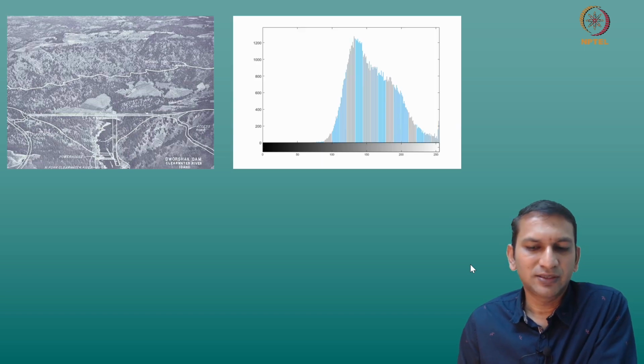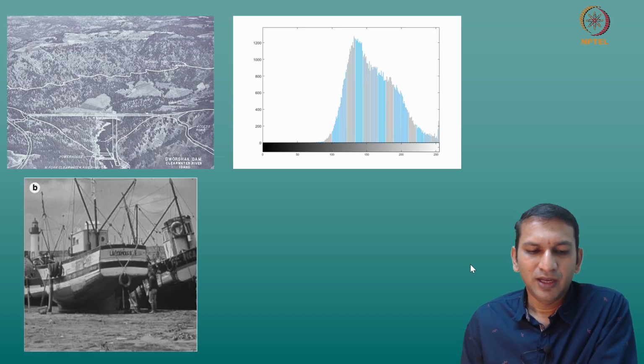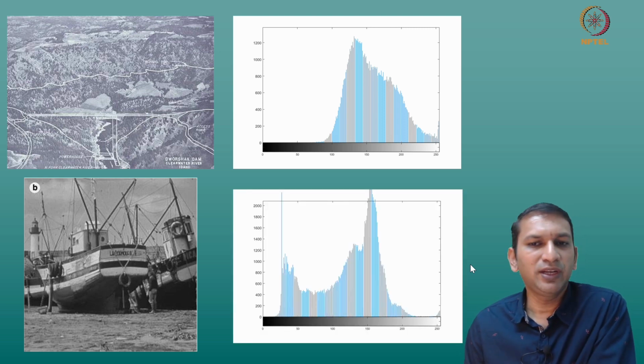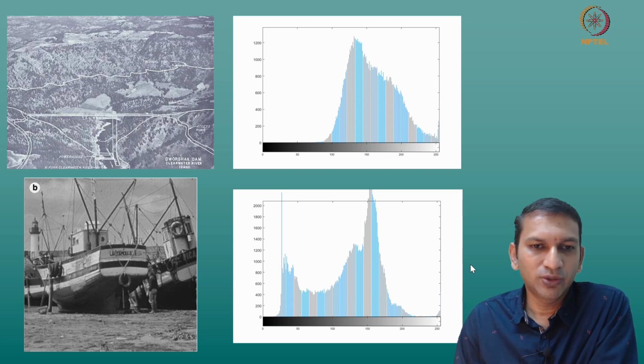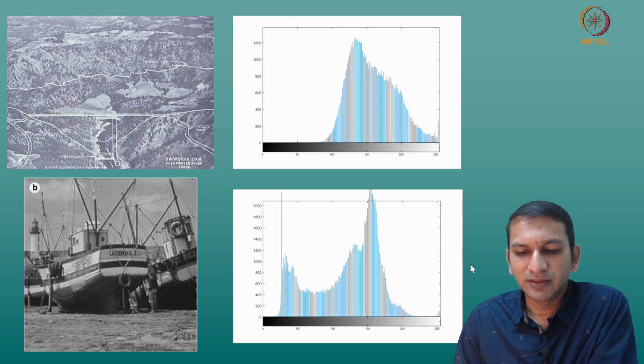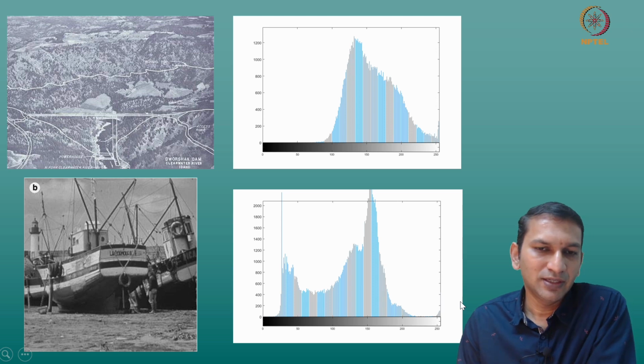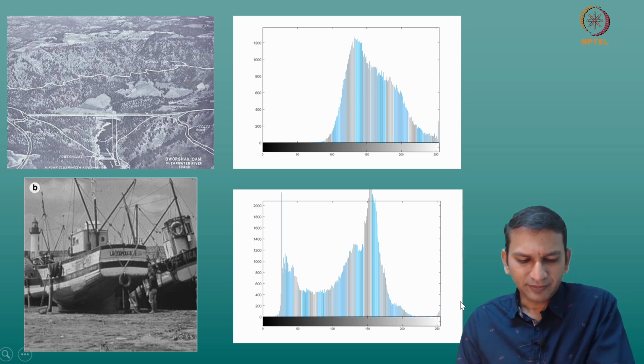So is the case with this image. If you look at this image, we believe that the details are quite good, and if you look at the corresponding histogram of the pixel intensities, we see that its dynamic range is quite high. It occupies quite an amount of the interval 0 to 255.